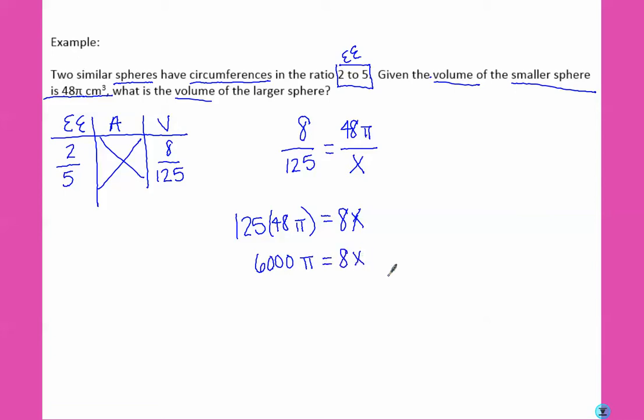Equals 8x, divide both sides by 8. I'm just going to leave it as an exact answer. So 6,000 divided by 8 is 750 pi. So that's what x equals, and our units are centimeters cubed.